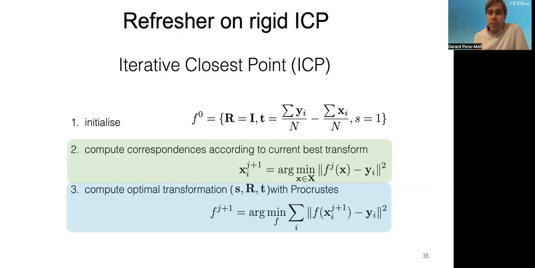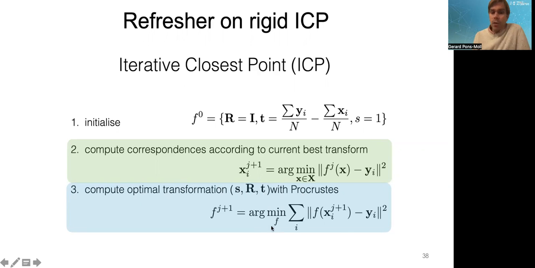So as a refresher, remember that for ICP, we were initializing at some initial estimate, and then we were computing correspondences from the target scan to the source scan, obtaining these correspondences xi of j plus 1. And then we were obtaining the optimal transformation parameterized with SRT with Procrustes alignment.